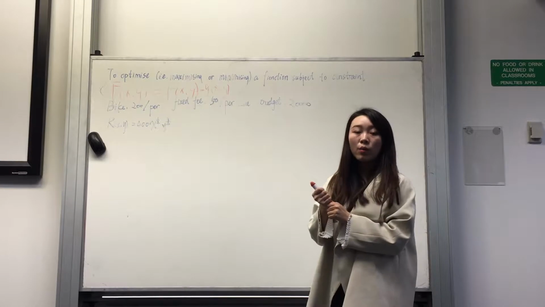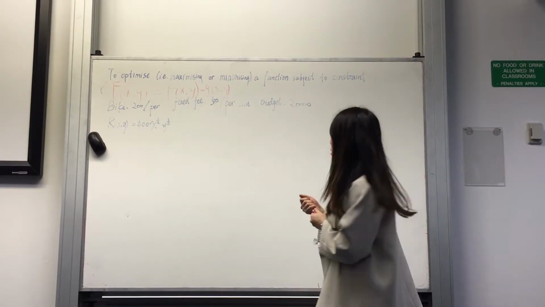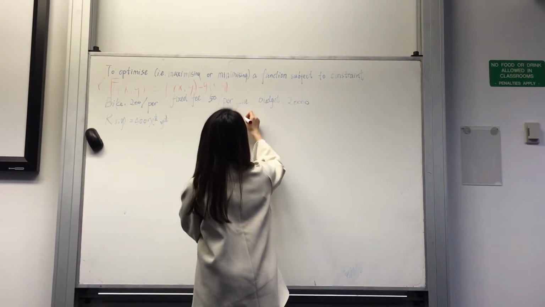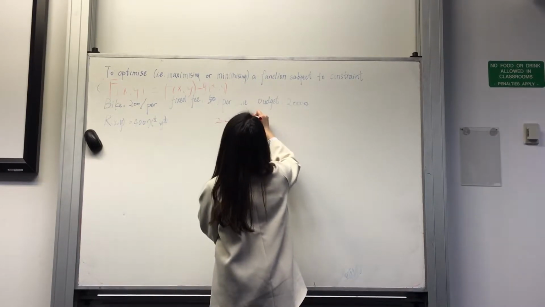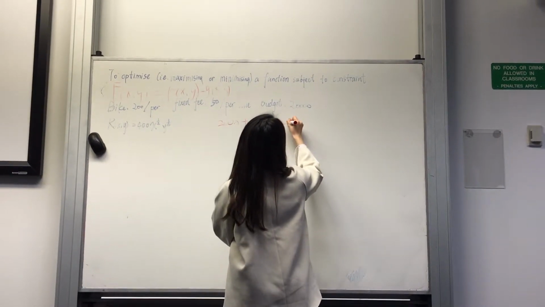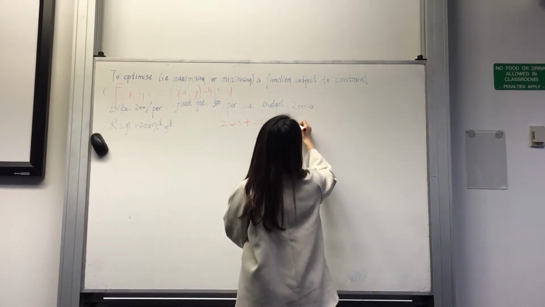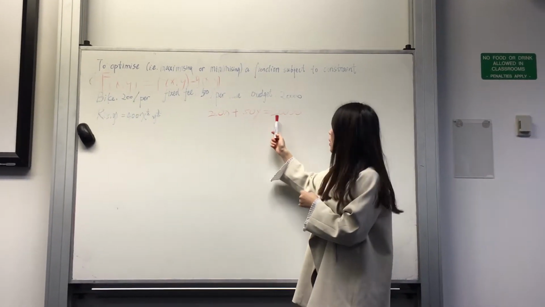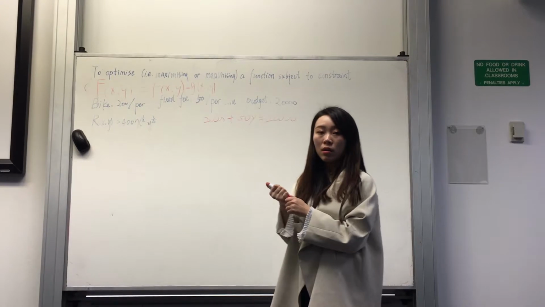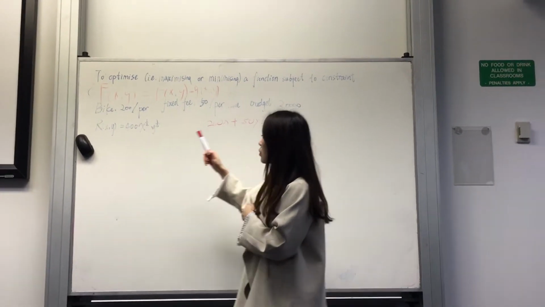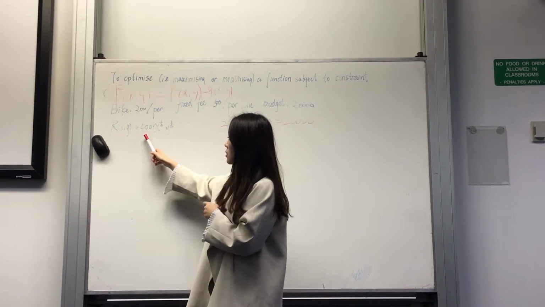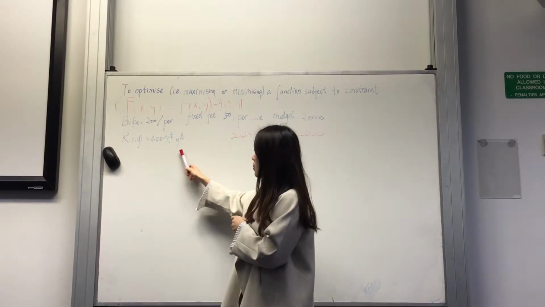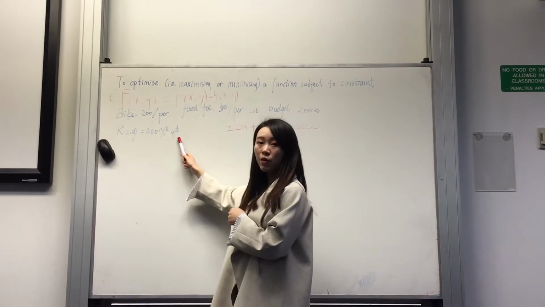The constraint function is 200x plus 50y equals 20,000, and the total revenue is 400x to the power of 1/2 times y to the power of 3/4.